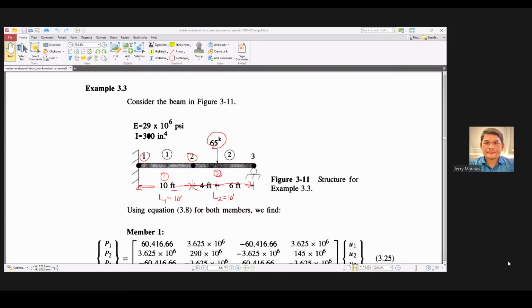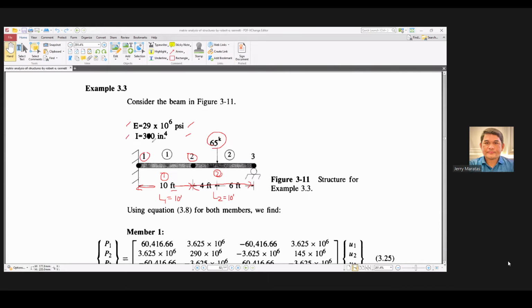The magnitude of the concentrated load is 65 kips. Now the properties of the members are also given. So E is 29 times 10 to the 6 psi. This is the modulus of elasticity of steel, so the material is structural steel.